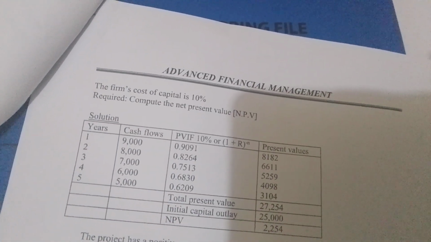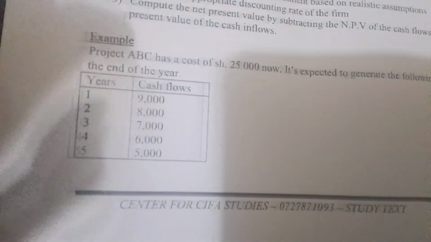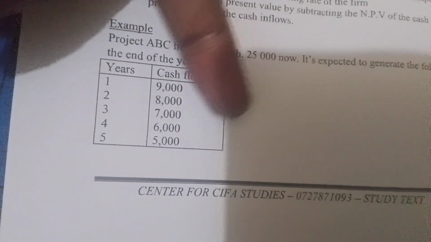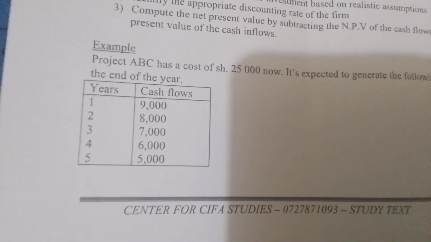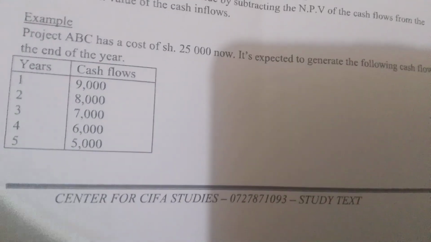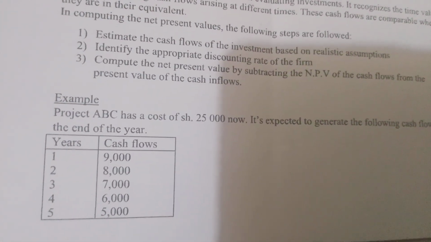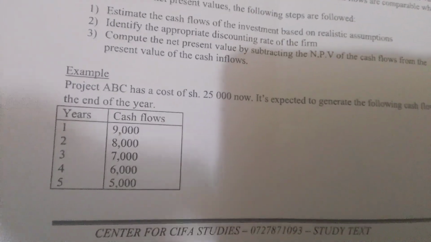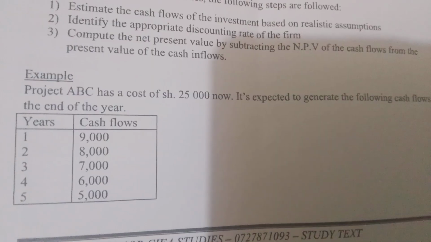So basically what I have said is that, because the cash flows that you see around here are futuristic figures. It's okay. In advanced financial management, we talk of decision making under the environment of uncertainty, and also decision making under the environment of certainty.